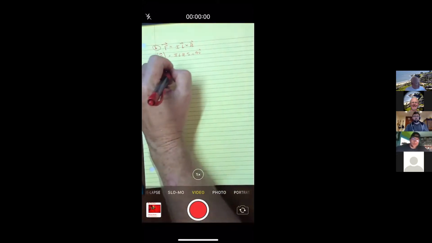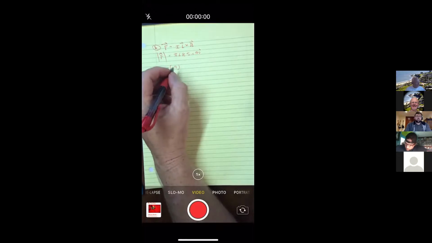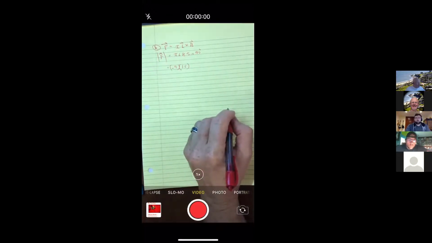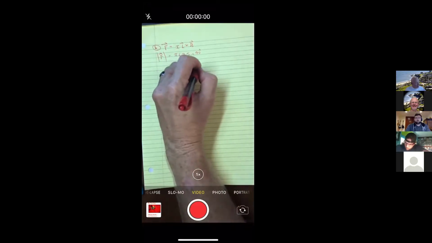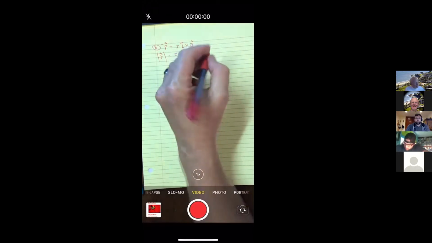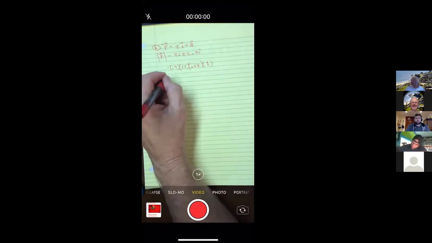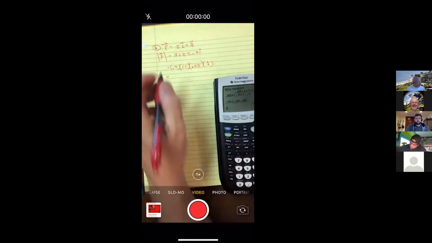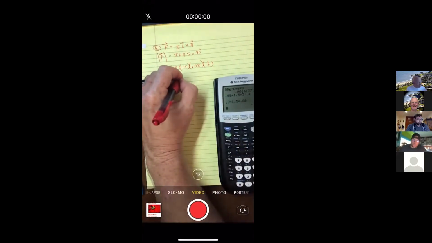So this is going to come down to a current of 0.9, a length of 1.5 meters, a magnetic field of 0.08. I think that's what it was, yeah. And then, of course, sine of 90 degrees is 1. So grabbing my calculator, 0.9 times 1.5 times 0.08 times 1 is a force of 0.108 newtons.